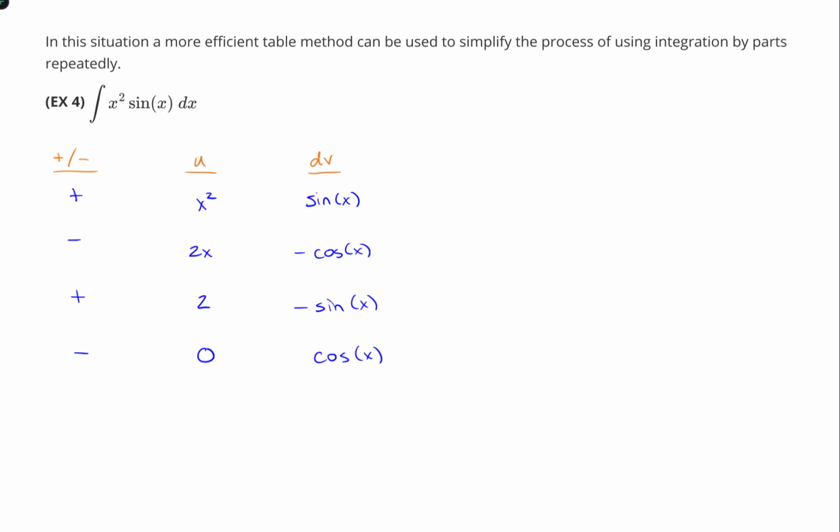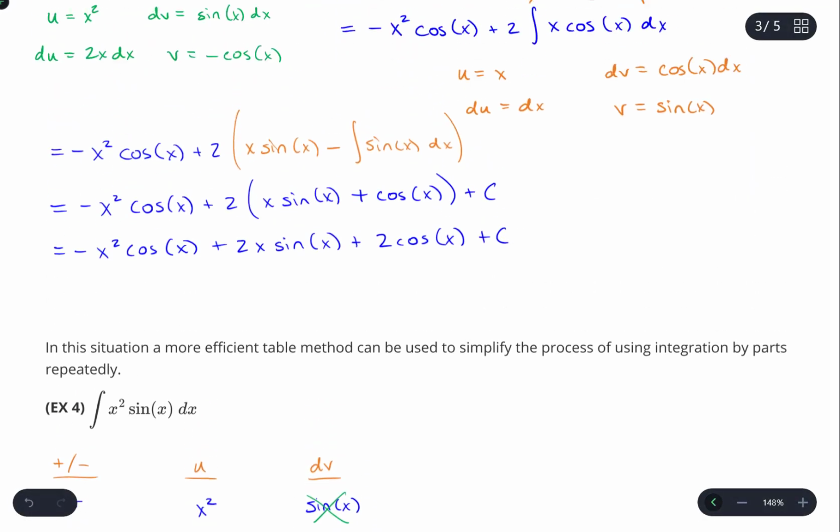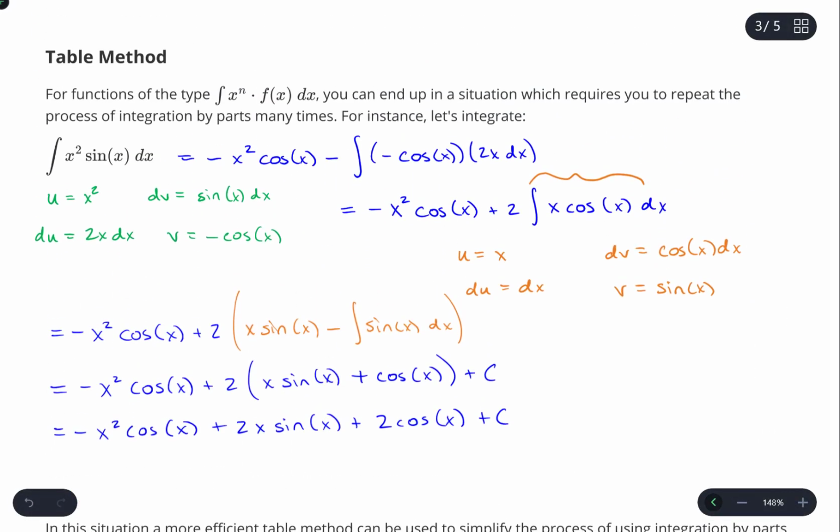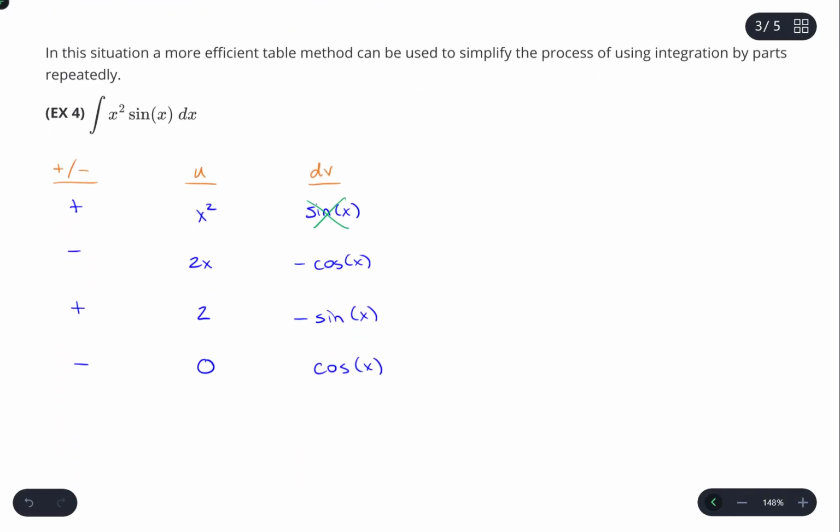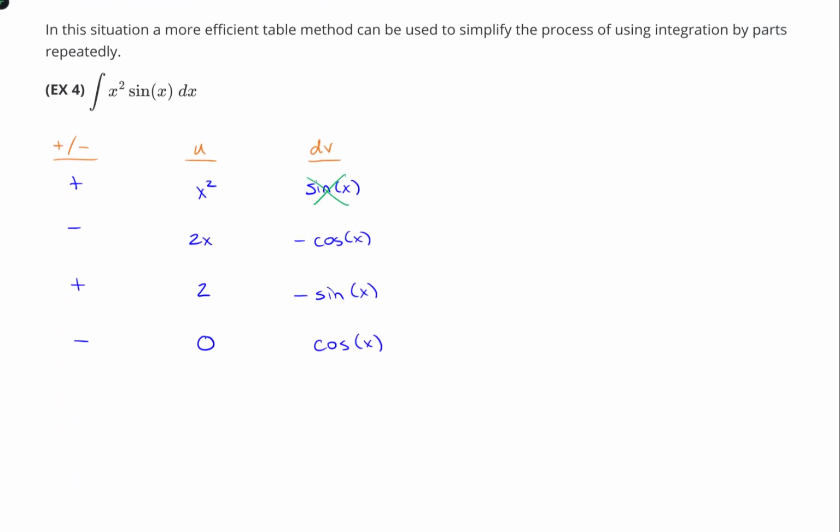Okay, now this has set up a chain of items, and we don't actually use this in the process anywhere. So if you go back up to what we did up here, the sign never gets used in the next steps. It's always v instead of dv. So that's not going to get used, nor are these two items here.